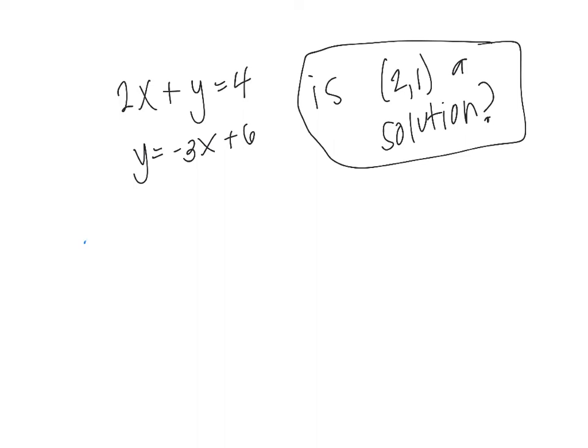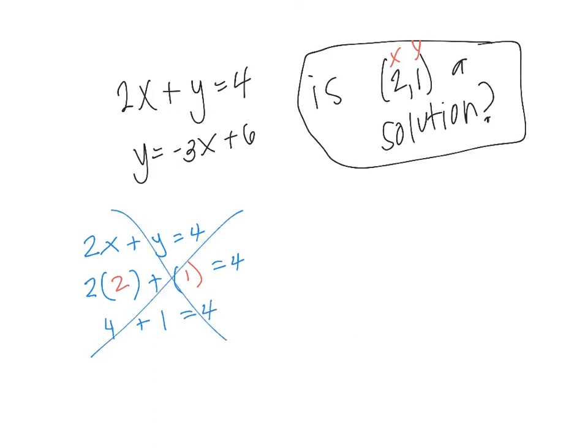In the first equation, we have 2x plus y equals 4. And we're going to be plugging in some numbers. So 2, instead of x right here is 2. So 2 times 2 plus, in for y over here is 1, and then equals 4. Okay, well, 2 times 2 is 4, plus 1 equals 4. 4 plus 1 equals 4.